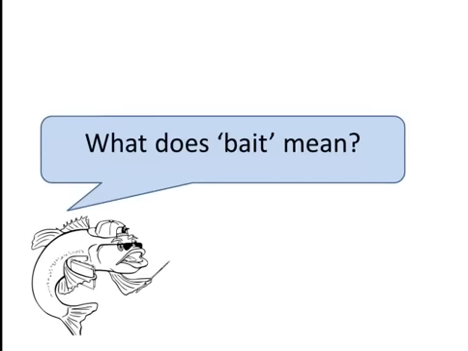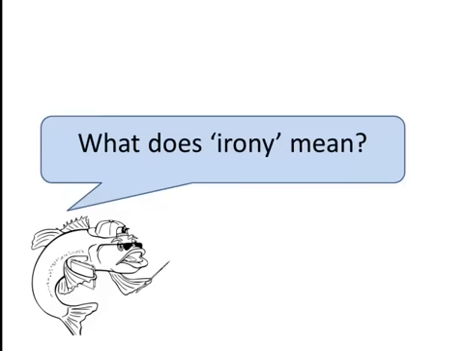Okay, let's have a look at this first one. This is the one that you're definitely going to use, even despite what I'm going to tell you now, because it's the obvious one that comes to your mind. What does so-and-so mean? The difficulty with this is that it's often more difficult to explain a word than the word actually is.